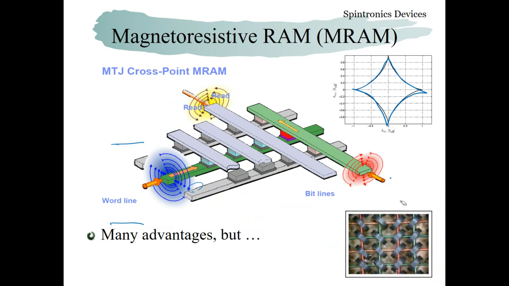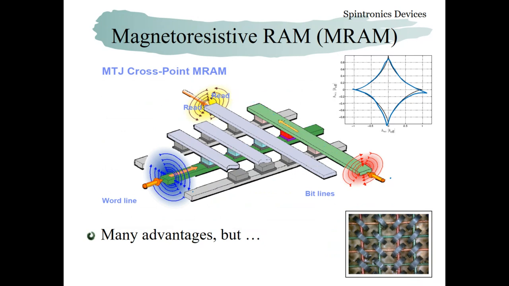In an MRAM, if we want to read the signals, we can send in current in this direction. So we can measure the MR in these specific cells. While if you want to write to some specific cell, we can send in current in this direction and this direction. Only this red cell should be switched.